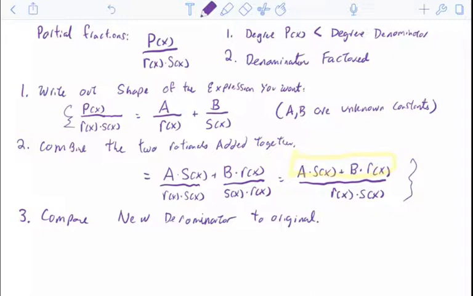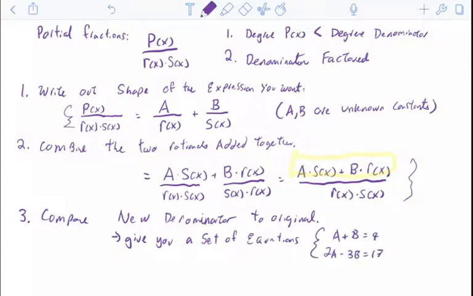This will give you a set of equations, right? So they'll look like, a plus b is equal to 4, and 2a minus 3b is equal to 17. I don't know. So you'll just get a set of equations like that.